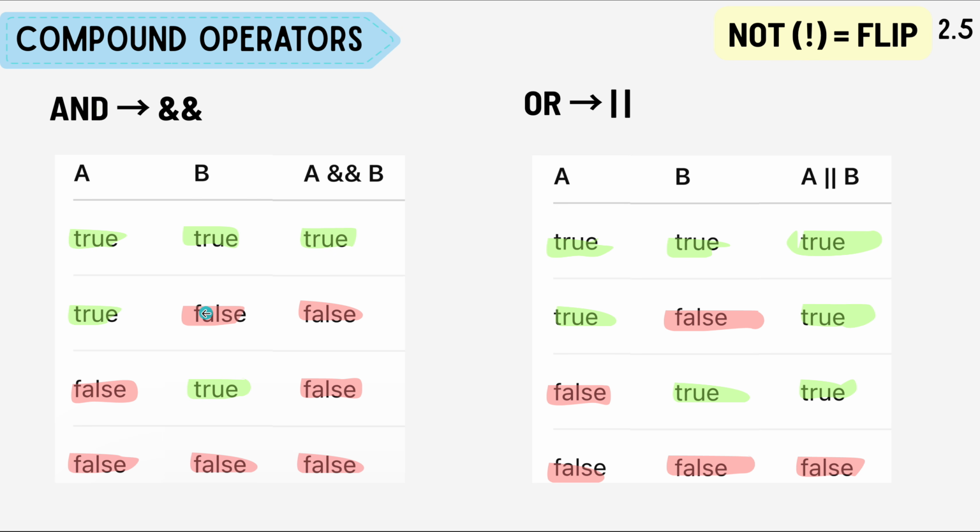True for a and false for b is false, false and true is false, and false and false is false. So basically, with an and, unless everything is true, nothing is going to be true. Everything else is false. And for the or, if we have a single true, it's going to be true. Just one true is enough.